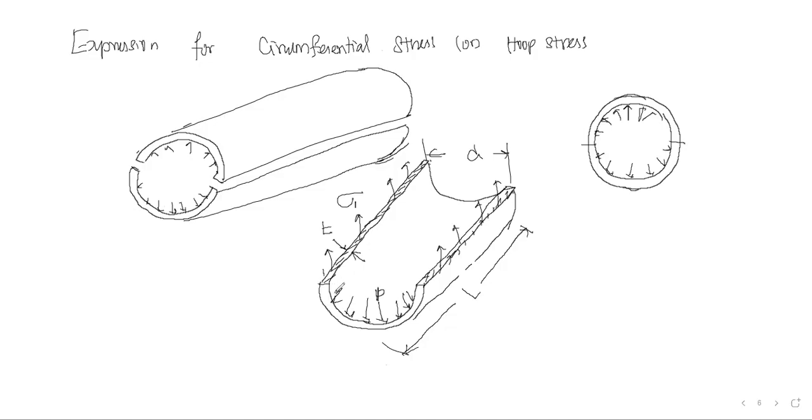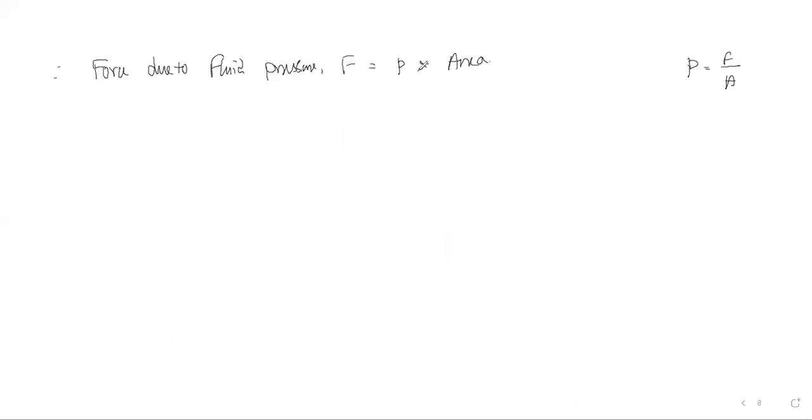Therefore, the force due to fluid pressure, F, is equal to pressure intensity multiplied by area. The pressure is acting along the circumference and throughout the length, so I take the area as D multiplied by L, the area on which the internal pressure acts along the diameter and throughout the length.